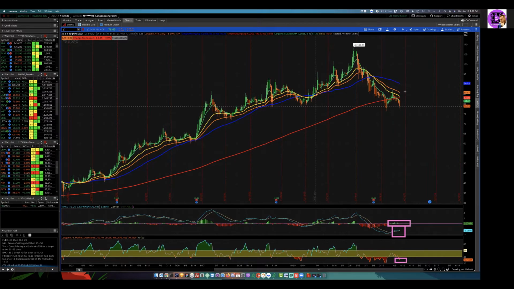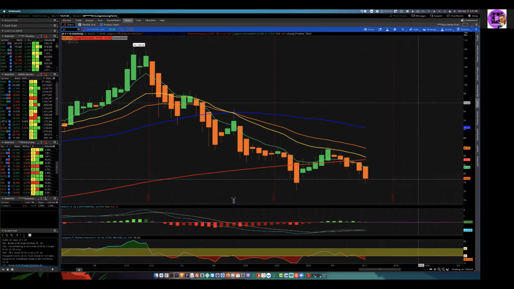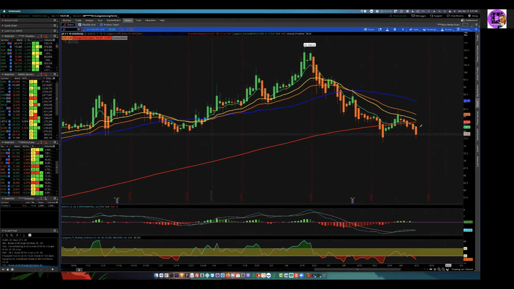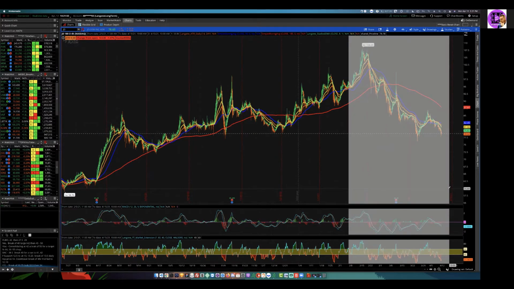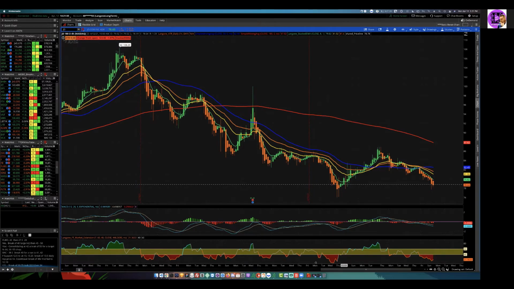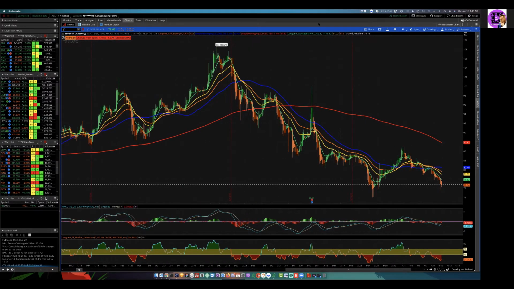I don't like that my EMAs are stacked negatively, as you can see here. Again, there's that H pattern forming. Since the algo, this is me personally, I tend to get into things a little earlier than most.